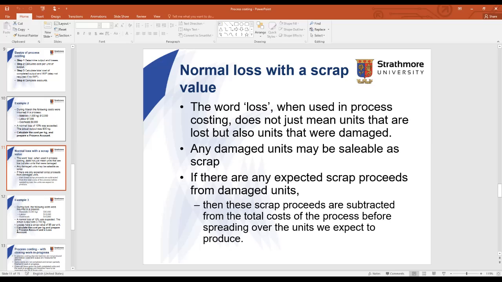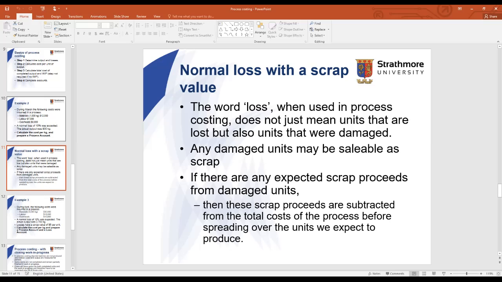They have value, and if the market is willing to pay for those factory rejects, then they have what we call a scrap value. We don't call it revenue per se, but scrap value. That is the amount you can receive from the sale of those damaged items, those normal loss items.